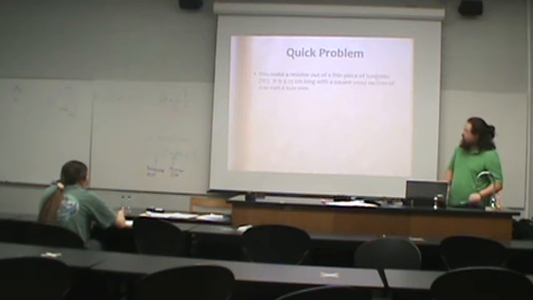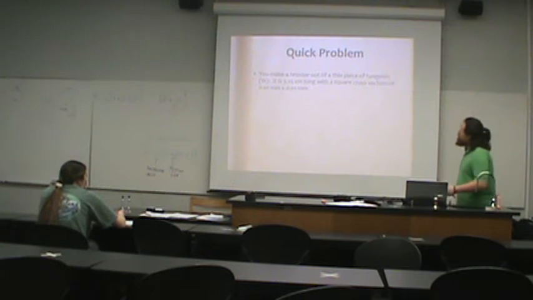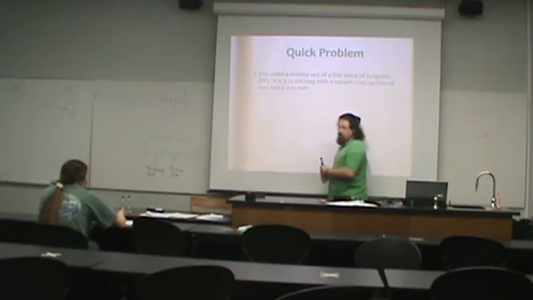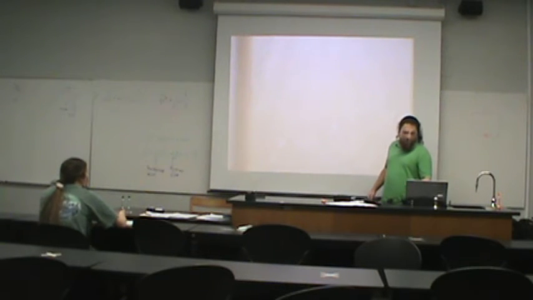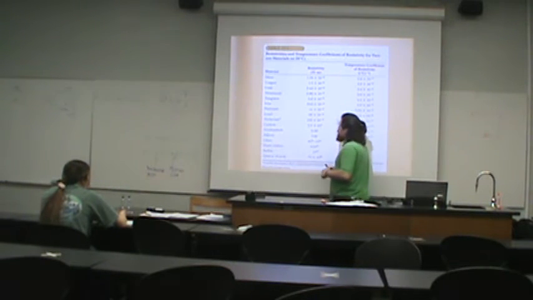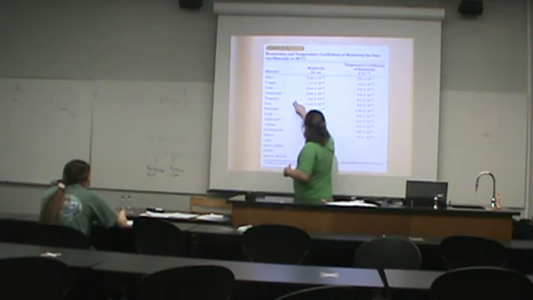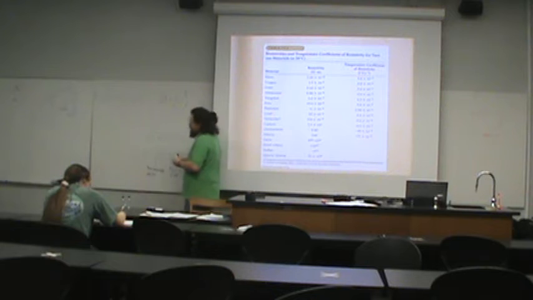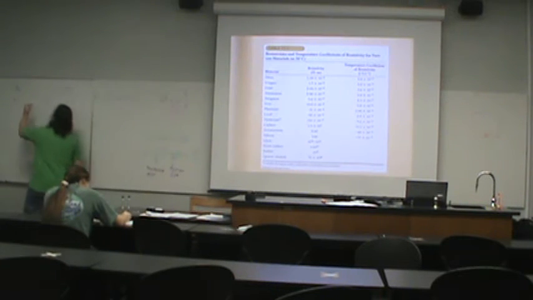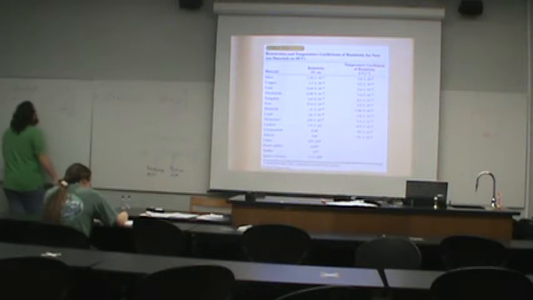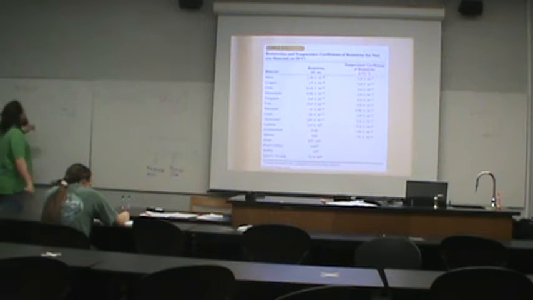Now, the reasons why I can remember that aside, since we know what this thing is made of, we can look up its resistivity constants. So, with tungsten, its base resistivity at 20 degrees Celsius is 5.6 times 10 to the negative 8. That number does technically have units.